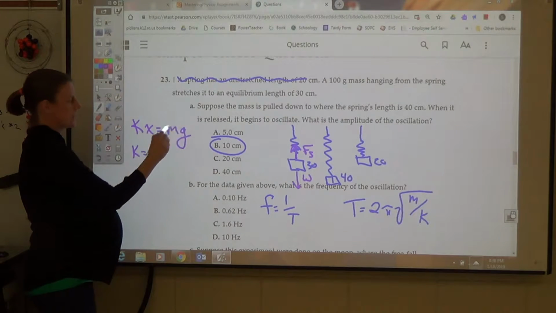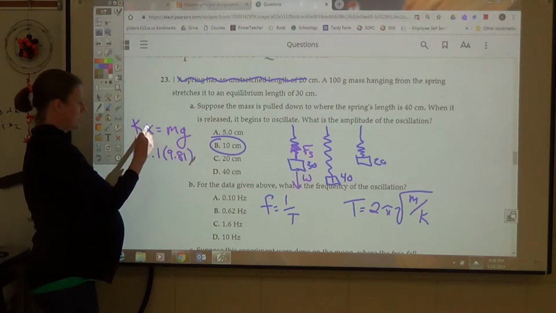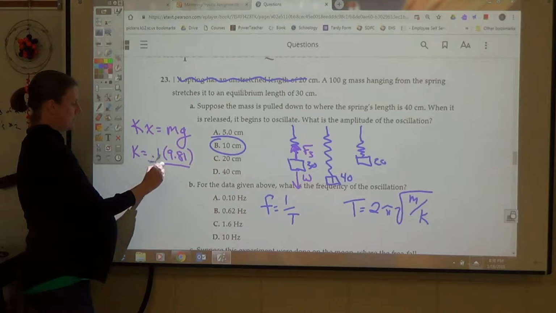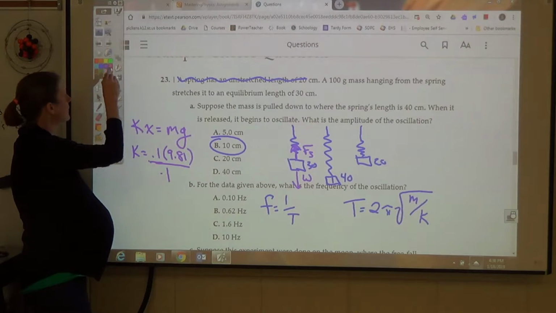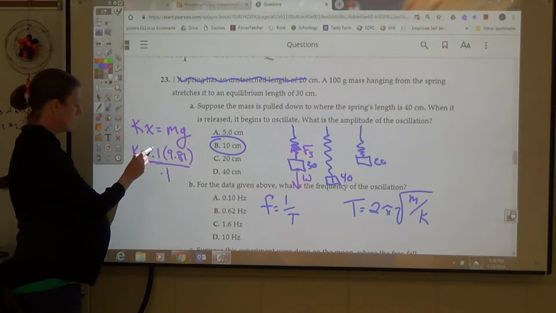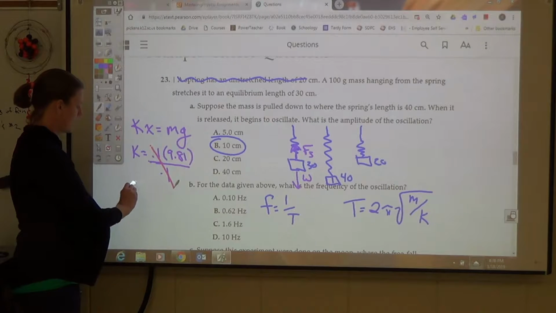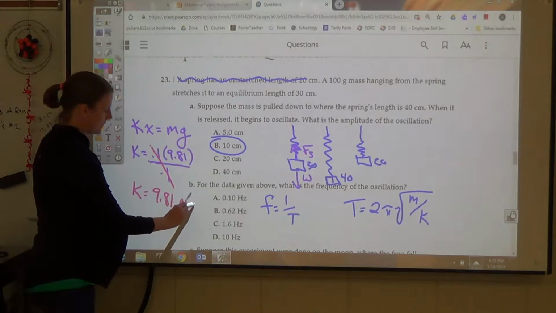So mass, let's go back to kilograms, so 0.1 times 9.81 divided by, conveniently 0.1, for my x. My displacement was 10 centimeters. So that means k is 9.81 newtons per meter.